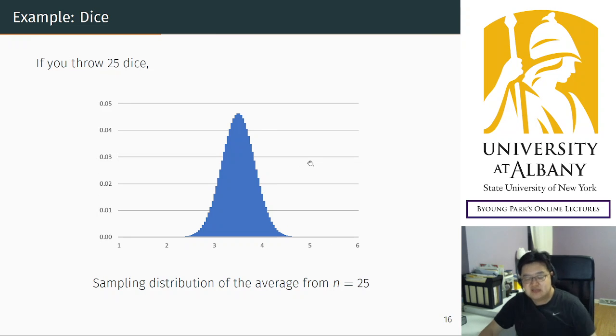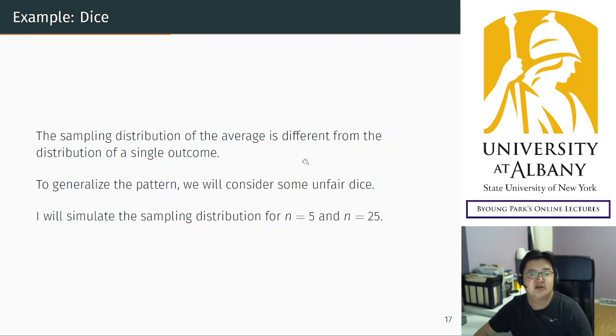This is a simple computer simulation experiment, and I did it on Excel. I'm going to do different experiments later. What you can tell from those changes is that the sampling distribution is different from the distribution of a single outcome.